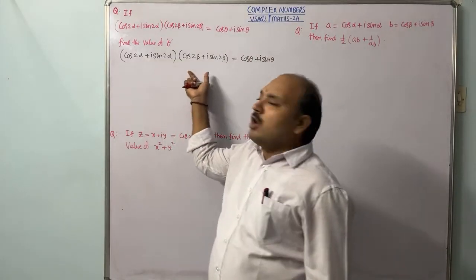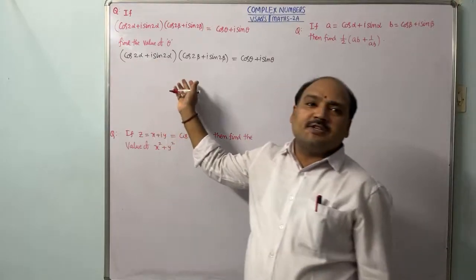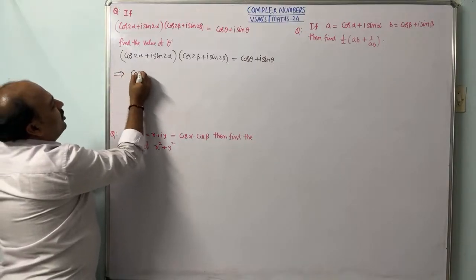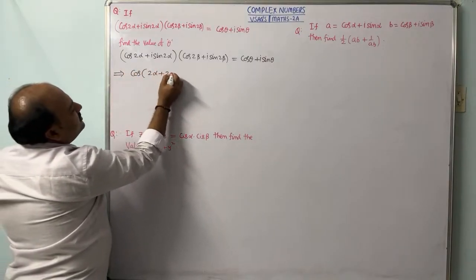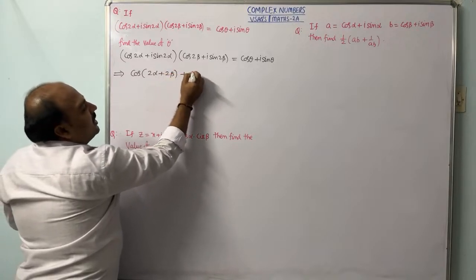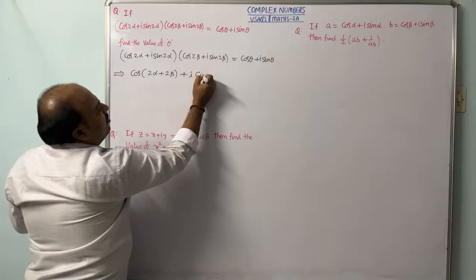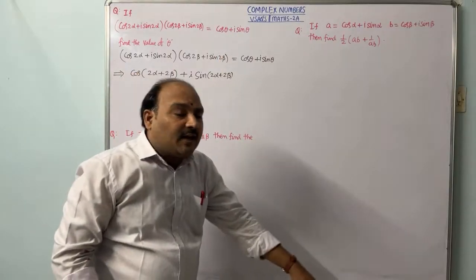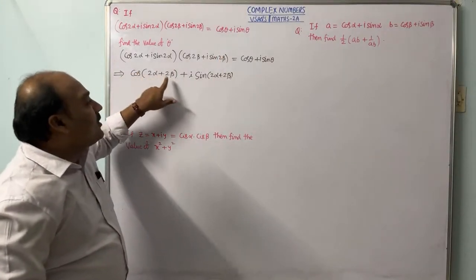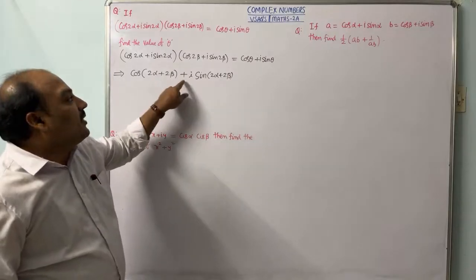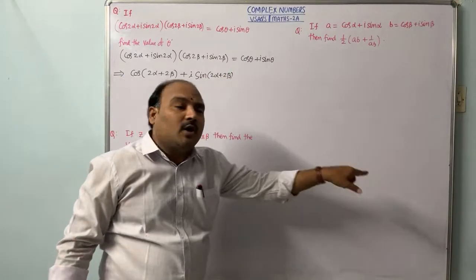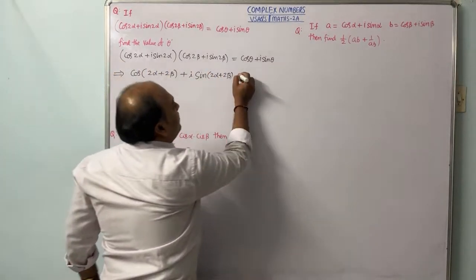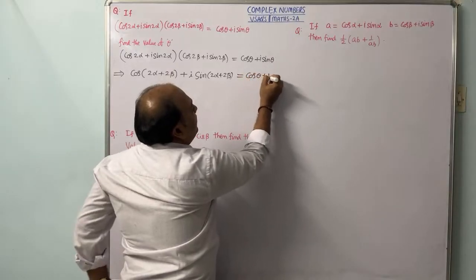The product of two complex numbers in the form of cos θ + i sin θ, we can write as the sum of the angles, which implies cos of (2α + 2β) plus i into sin of (2α + 2β). Suppose a three complex number product is there, we can write it as cos of (2α + 2β + 2γ) plus i sin of (2α + 2β + 2γ). Like this, n number of angles are there, the sum of n angles we write, which is equal to cos θ + i sin θ.